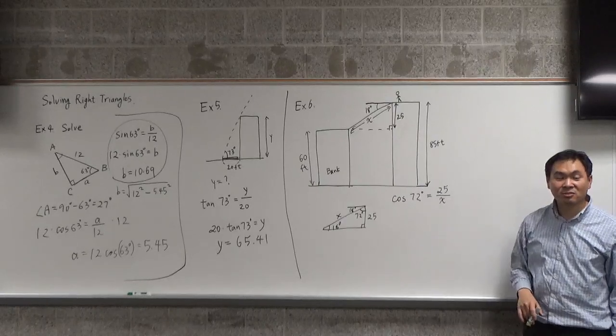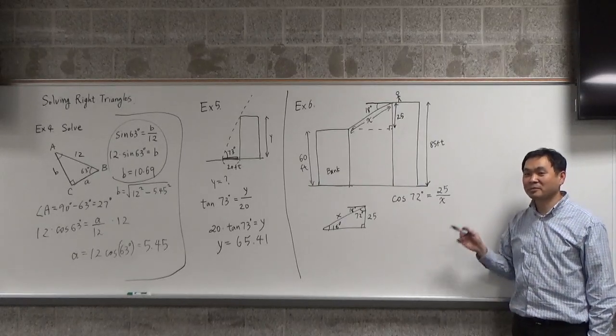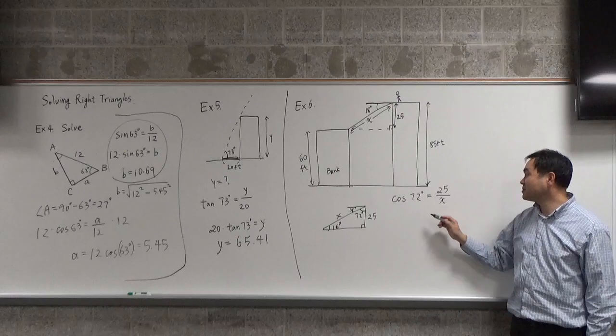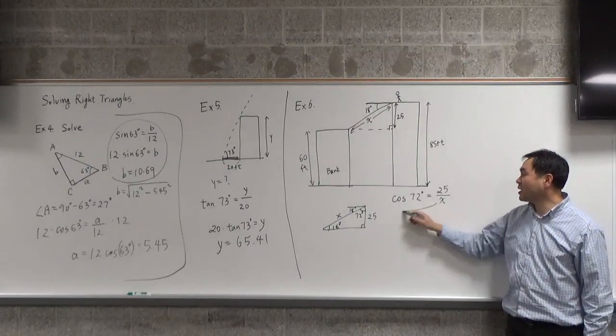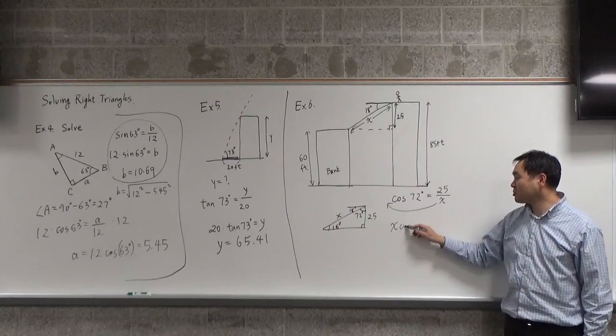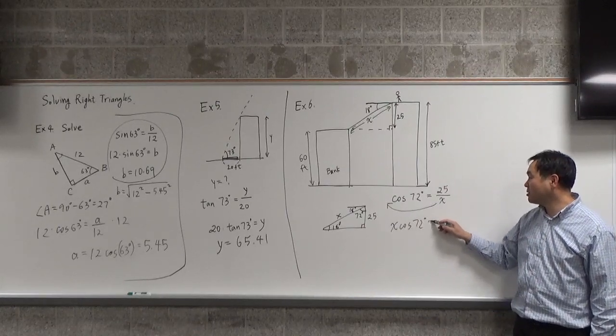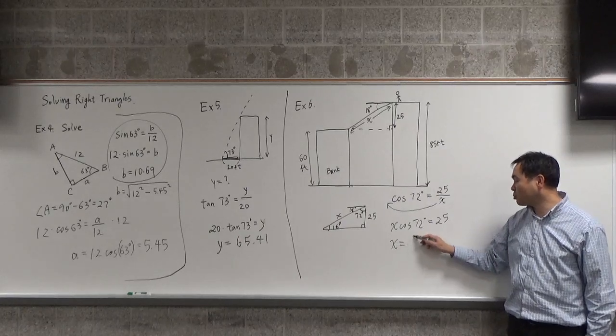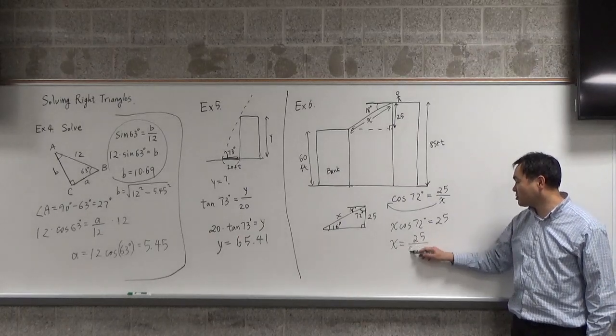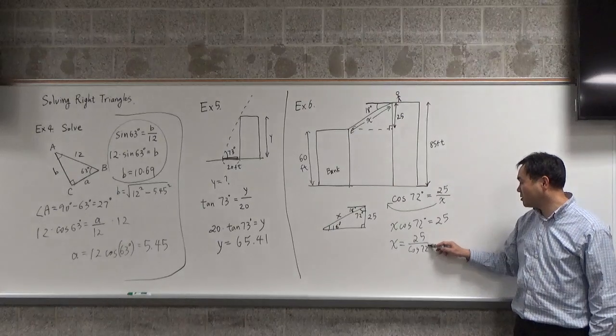Okay. What next? What should we do? x equals 25 over cosine of 72. Yeah, so we multiply x to this side, so x times cosine 72 degrees equals 25, and then you divide, you get x equals 25 divided by cosine of 72 degrees.